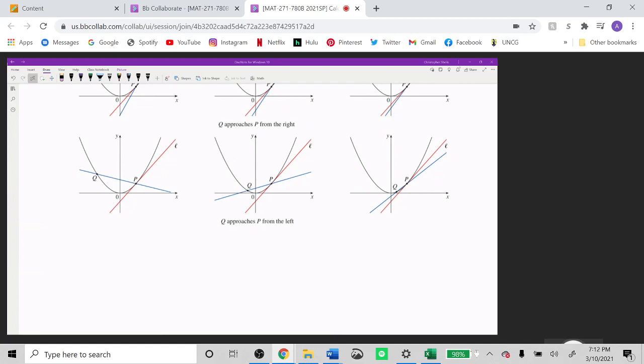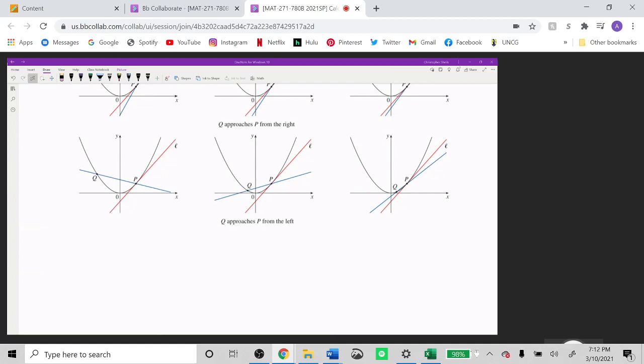Let's consider the velocity problem. Find the instantaneous velocity of an object moving along a straight path at a specific time if the position of the object at any time is known. In the next example, we're going to investigate the velocity of a falling ball.